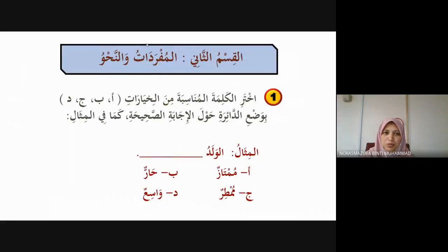Okay, the part 2. This part 2 will test you on المفردات والنحو. مثال اختر الكلمات المناسبة من الخيارات ألف باء جيم دال. You will be given the multiple choice answer, so you can choose the answer based on this.